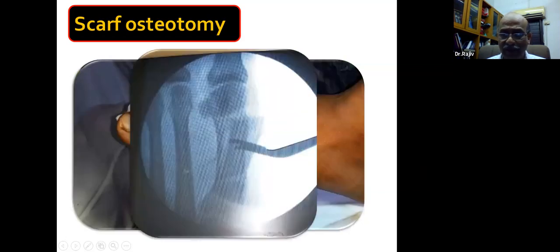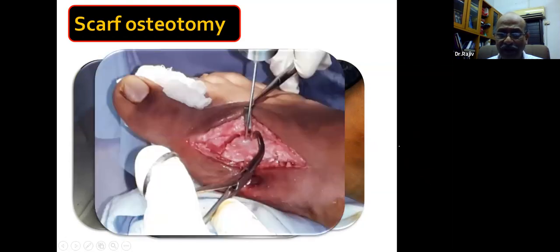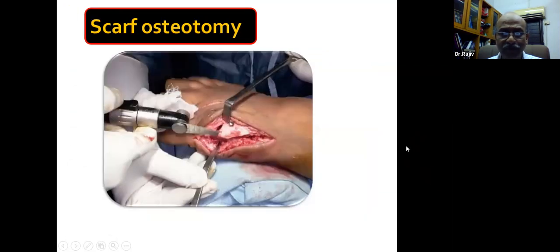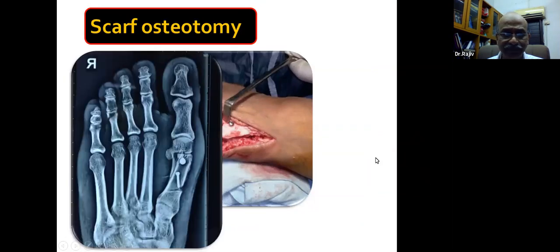This is the X-ray picture of that shift. You can see that the head fragment has been shifted laterally. The shaft fragment has been shifted medially, and the whole articular surface has got corrected. You fix it temporarily with the K-wire, replace the K-wire with the screws, and the overhanging portion of this is cut, and this is how the X-ray picture looks.